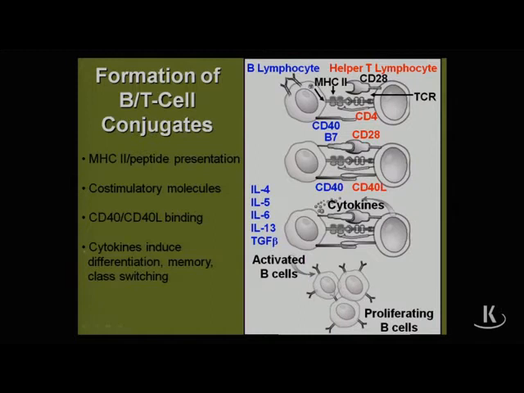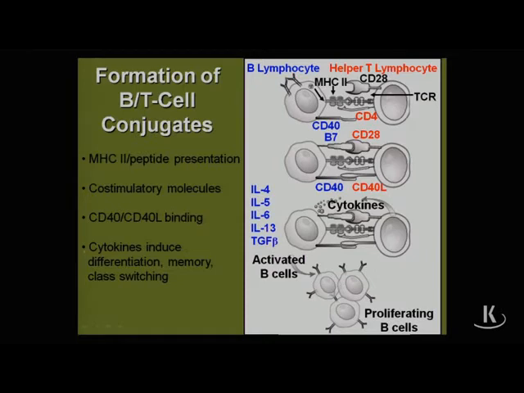So as the antigen comes in, the B cell processes it and presents it on the surface of a class 2 MHC to a T helper cell. So now that T helper cell and a T cell receptor can bind to the antigen and class 2 MHC. That's the first thing that needs to happen.